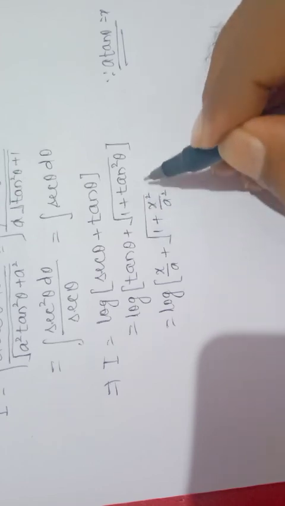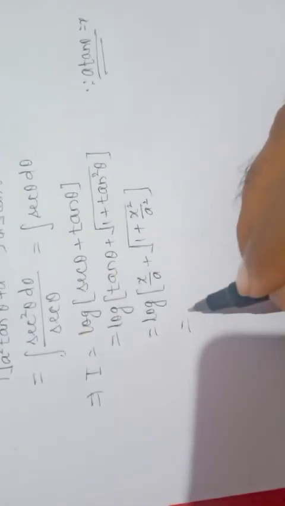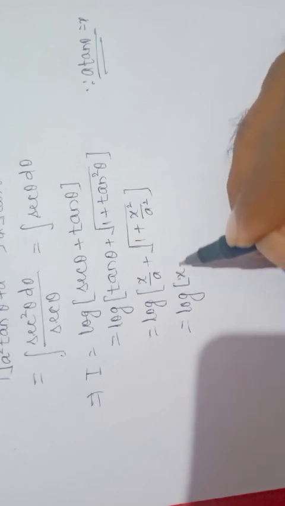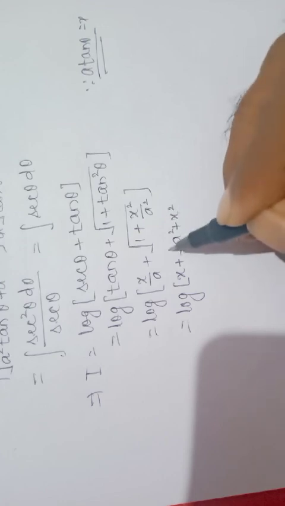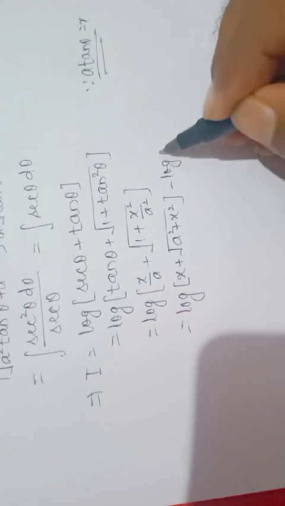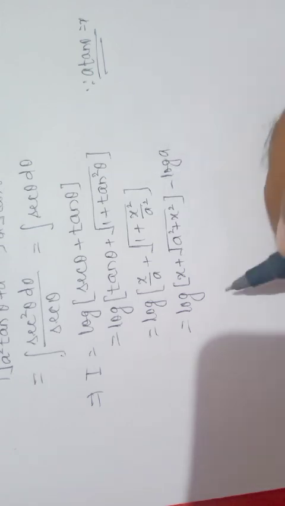Just like previous identities, take out LCM. So numerator will be x plus under root a square plus x square, minus log a by applying the property of log. Again consider minus log a as a constant.